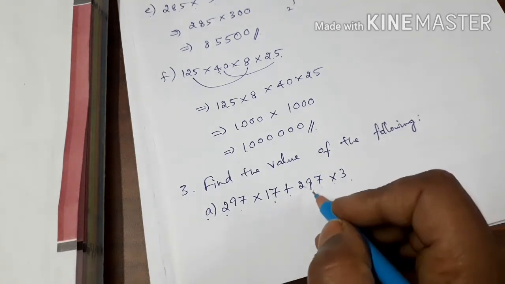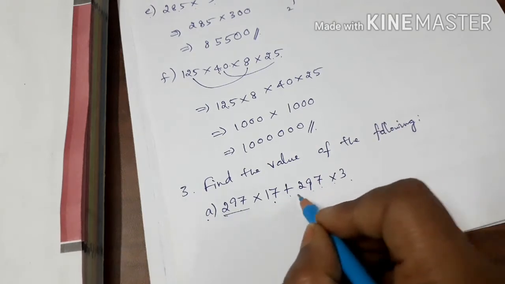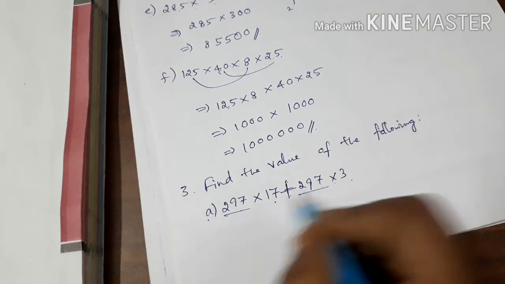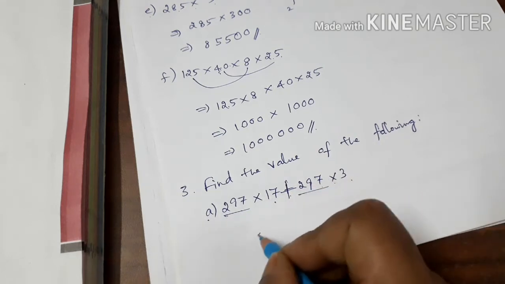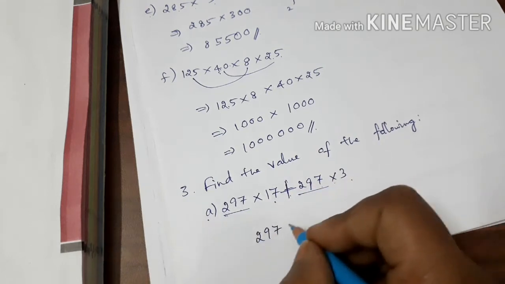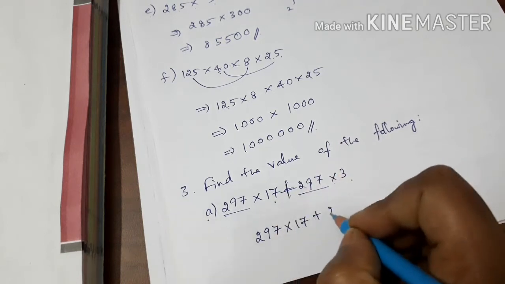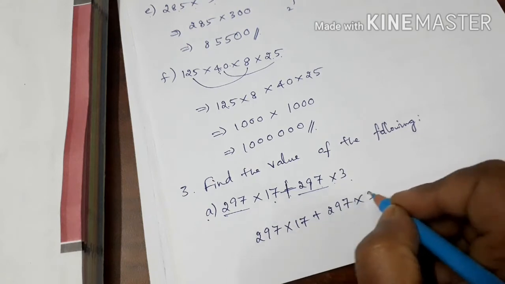By the distributive property, 297 is common in both the terms, so we are taking the common term out. 297 into 17 plus 297 into 3.